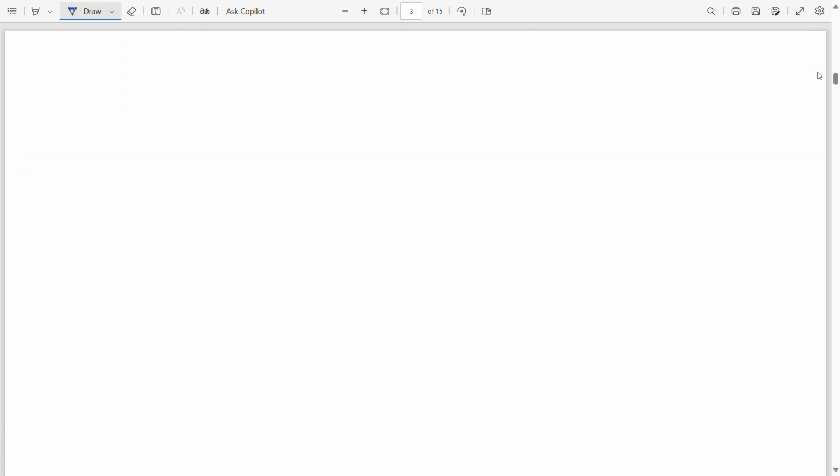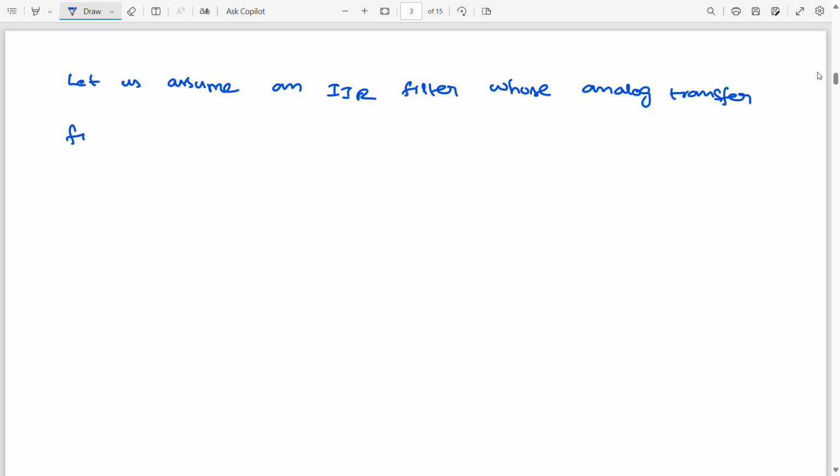So now let us assume an IIR filter whose analog transfer function has only one pole.